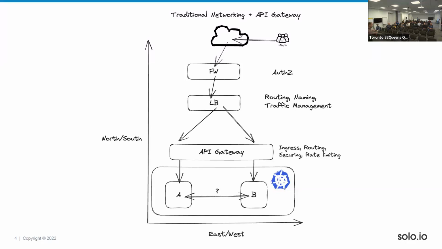They help with security, such as authenticating with Okta or OIDC, and rate limiting, preventing external or even internal clients from overwhelming a particular service. This is the first step towards cloud native networking.